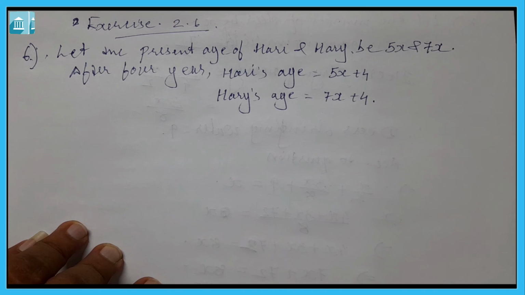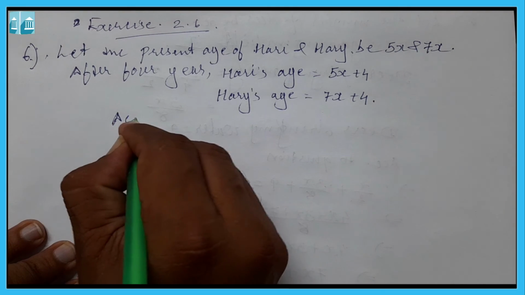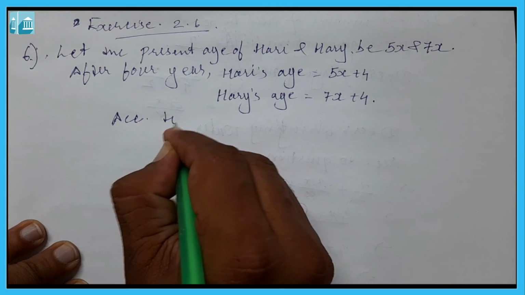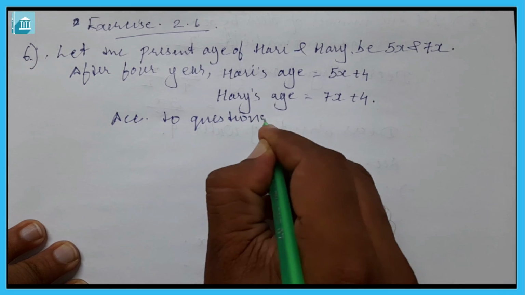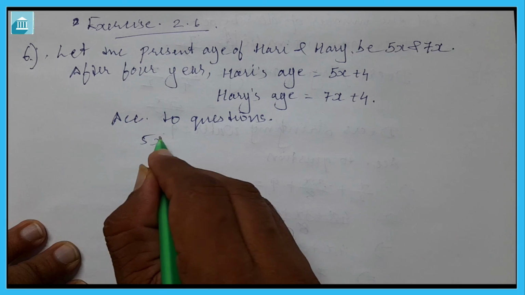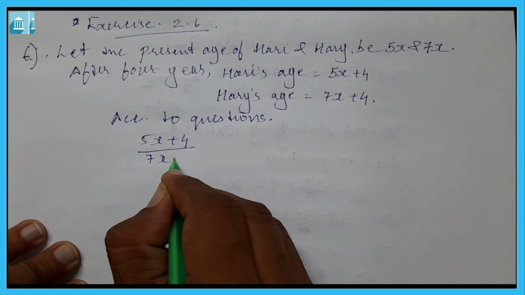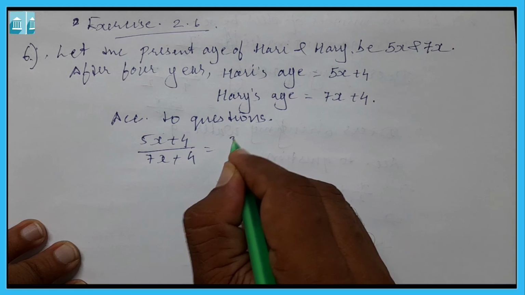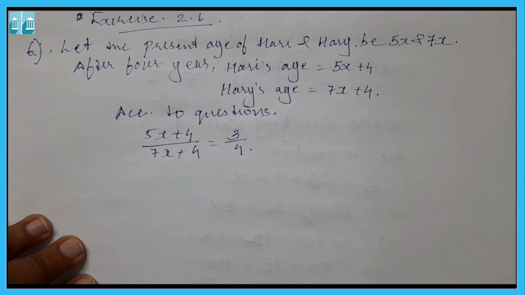Now according to the question, after 4 years the ratio of their ages will be 3:4. So 5x plus 4 upon 7x plus 4 is equal to 3 upon 4.